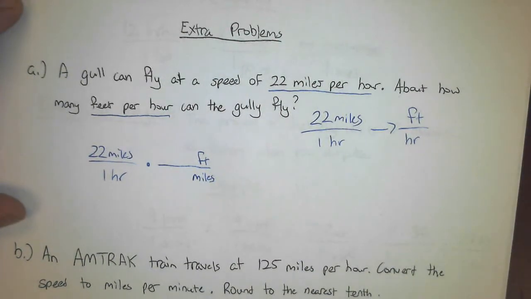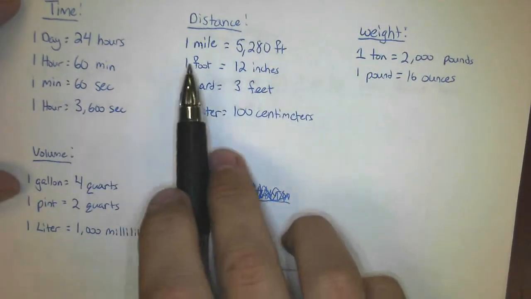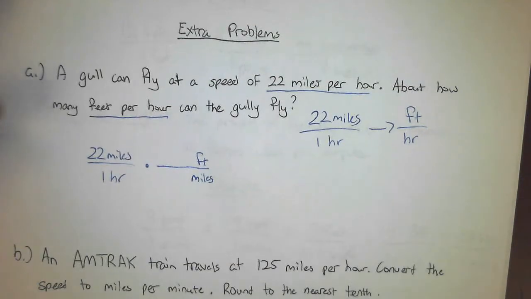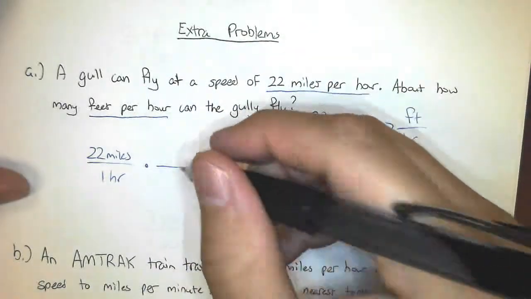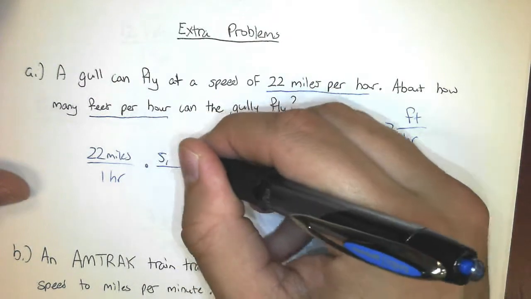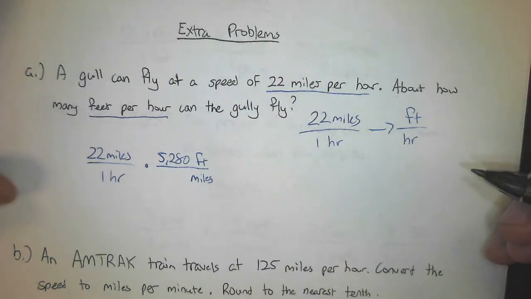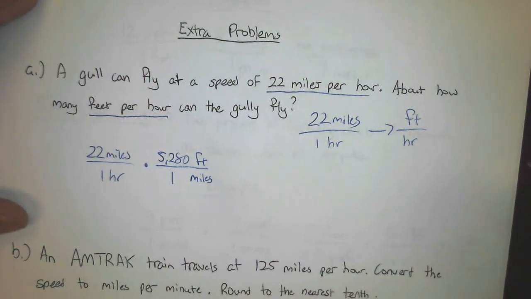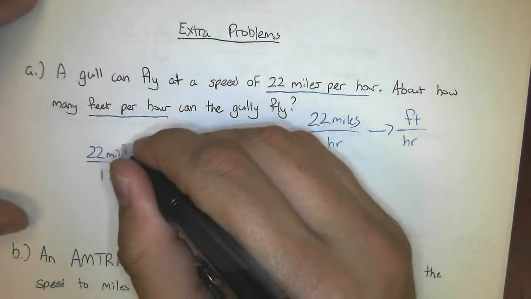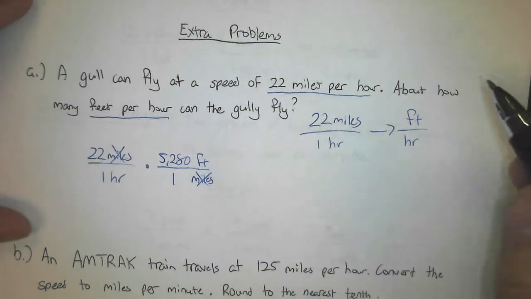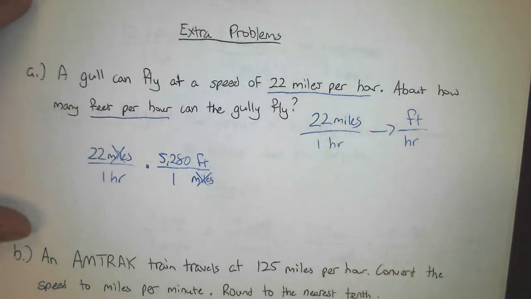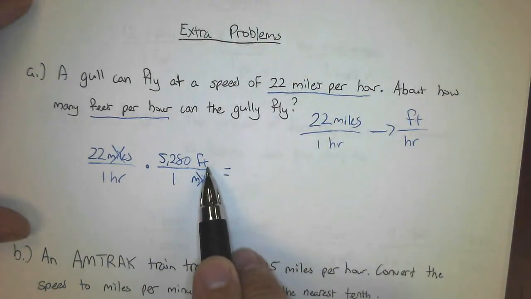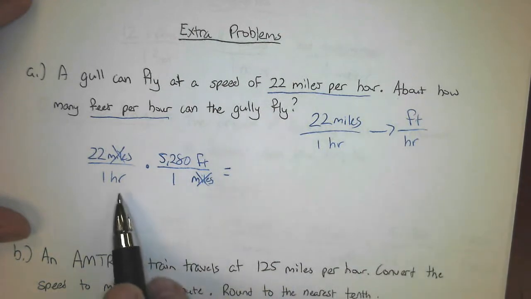If I take a look at my conversion chart, I see that 1 mile equals 5,280 feet. So if that's the case, I can plug those numbers right in: 5,280 feet per 1 mile. Miles are here in the denominator and the numerator, so I can get rid of those because we've converted the miles over to feet. Now I can multiply across since I have feet as my numerator, hours as my denominator.